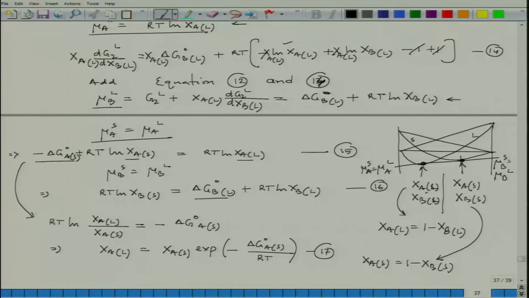Similarly, from this equation I can write ln 1 minus XA liquid minus ln 1 minus XA solid equal to minus delta G0 BL by RT.